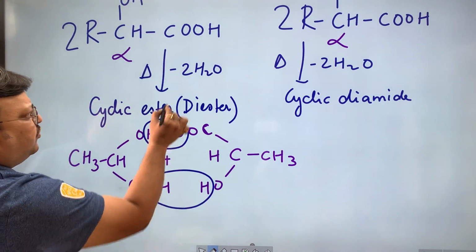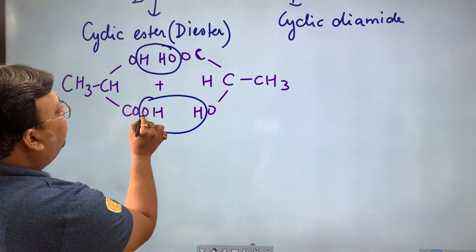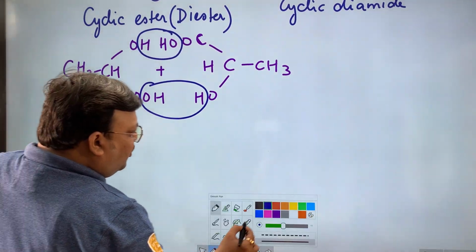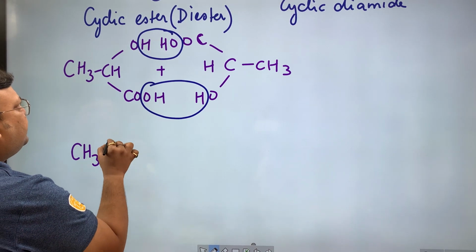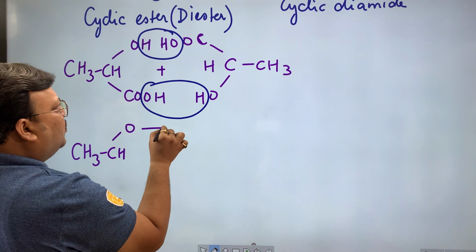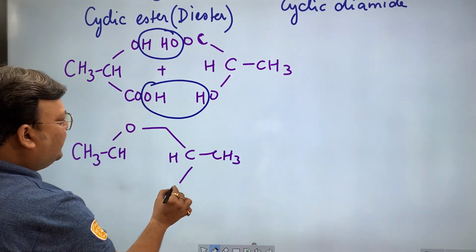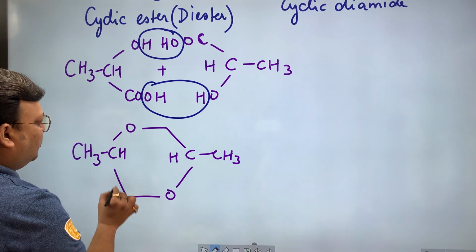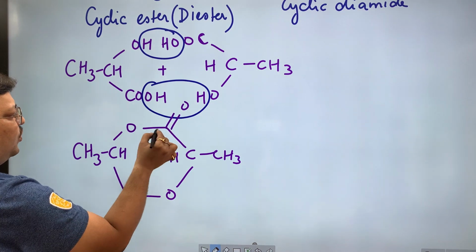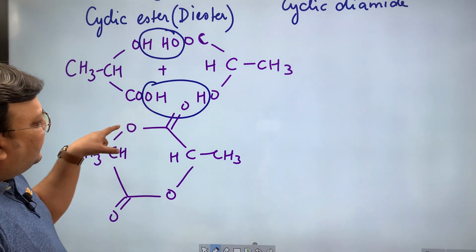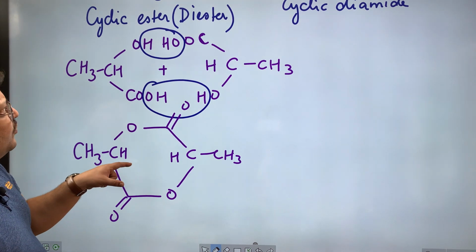Now when you remove 2 moles of water, the product formed will look like CH3CH, O, C double bond O, then a CH3 here, then O, C double bond O. Here C double bond O will mean it's a cyclic ester out here, a cyclic ester out here, and naturally I'll want to call it a diester.